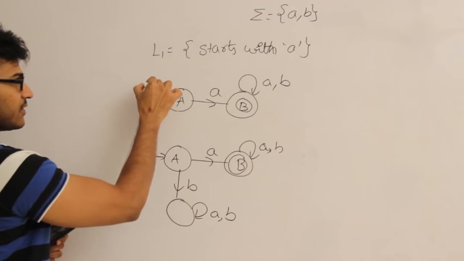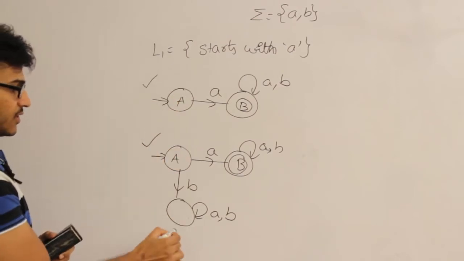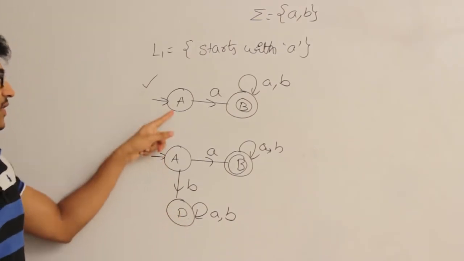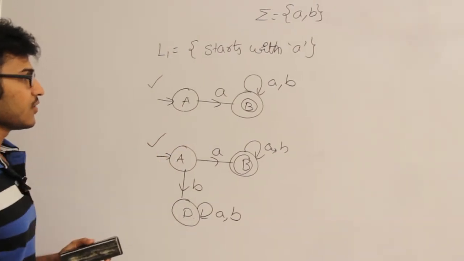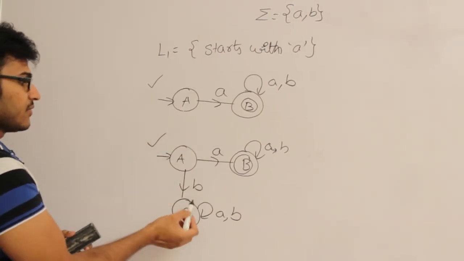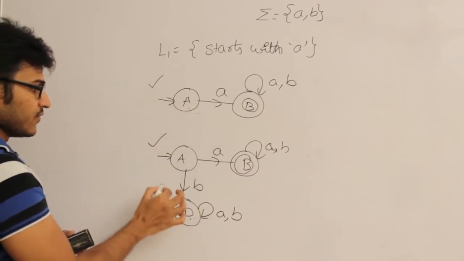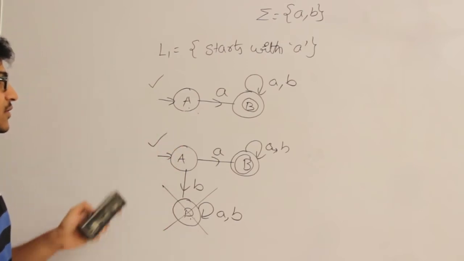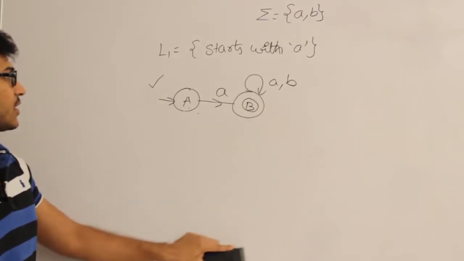The main difference between NFA and this DFA is, in DFA we have something called a dead state, and in NFA we are not going to have a dead state, we will just enter the dead configuration. So the main difference between DFA and NFA is, in NFA we need not put the dead states. So that is the NFA which accepts the set of all strings starting with A.